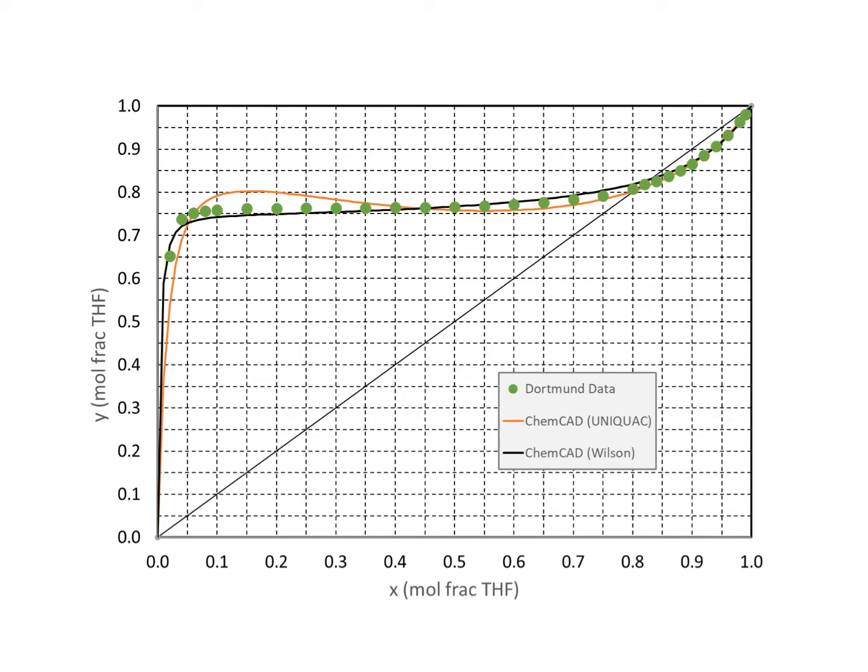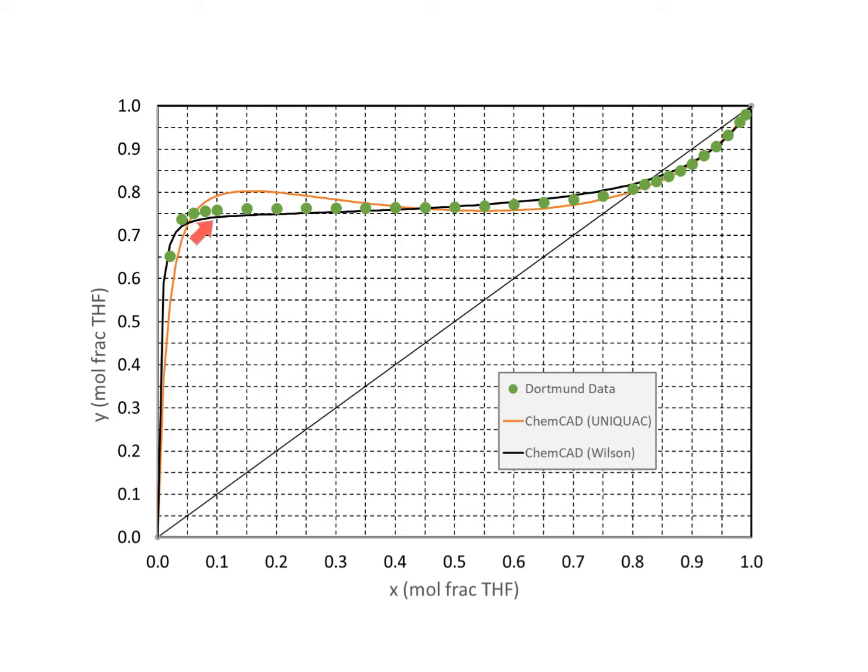You can see here that both do a pretty good job up here on this side of the azeotrope. And they both predict this very large increase in y with x at small x values. But the UNIQUAC model seems to overshoot here and then come down, which the data does not do.